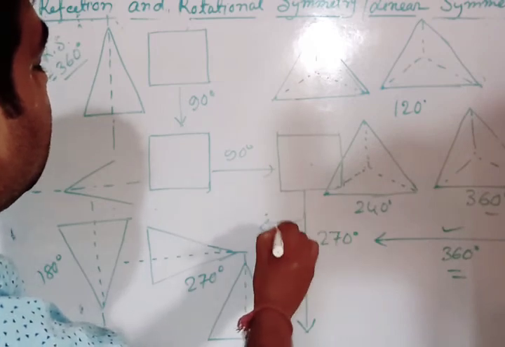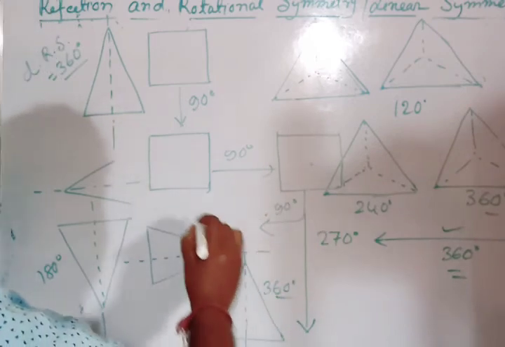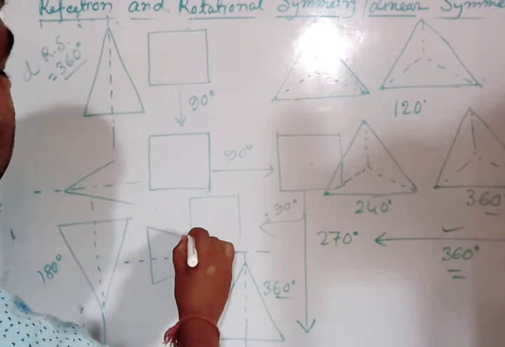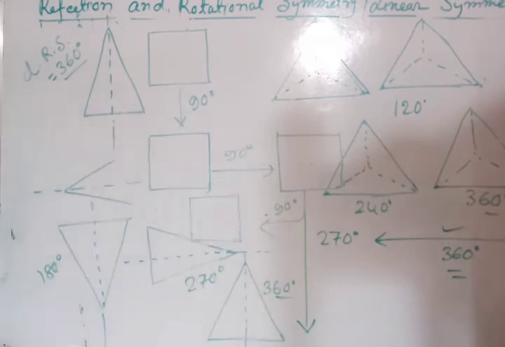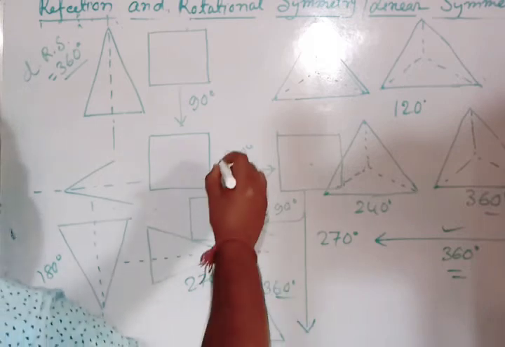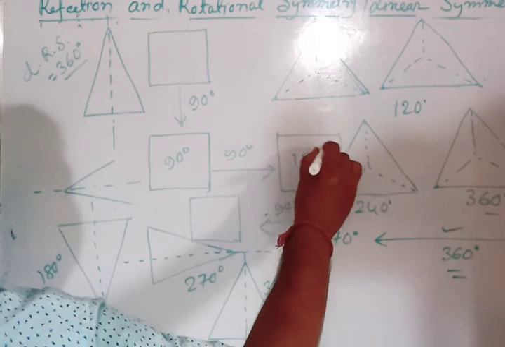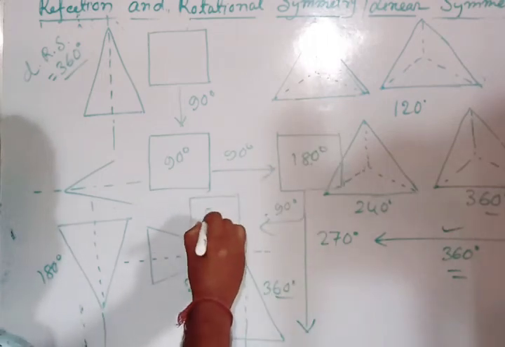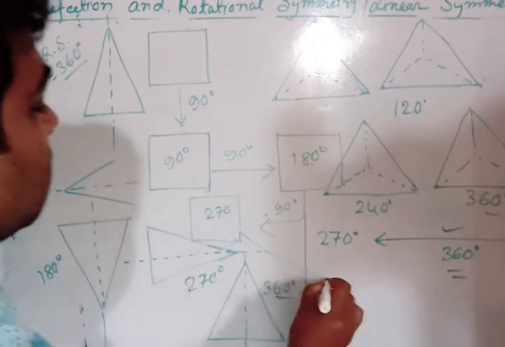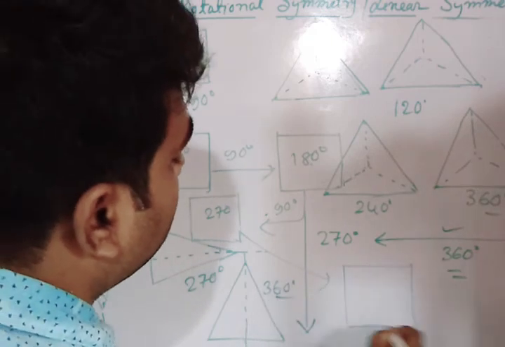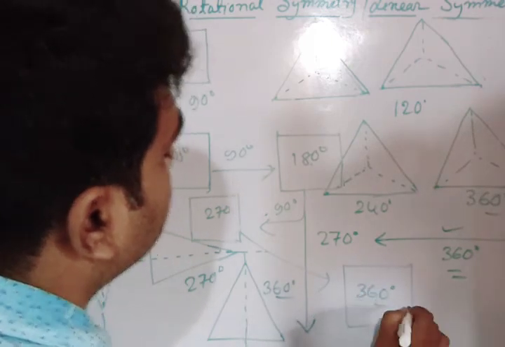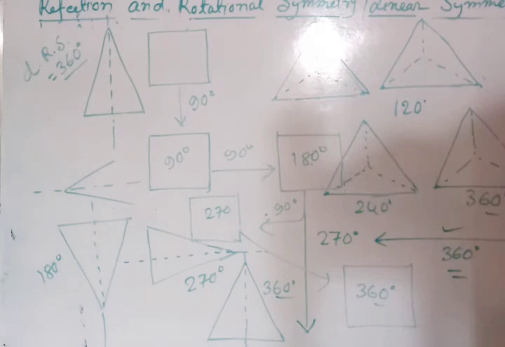Again by moving 90 degree, we will get the similar square. Actually this figure is small in drawing, but I just want to show you. So this is for 90, this is 180, this is 270, and again this is for 360.